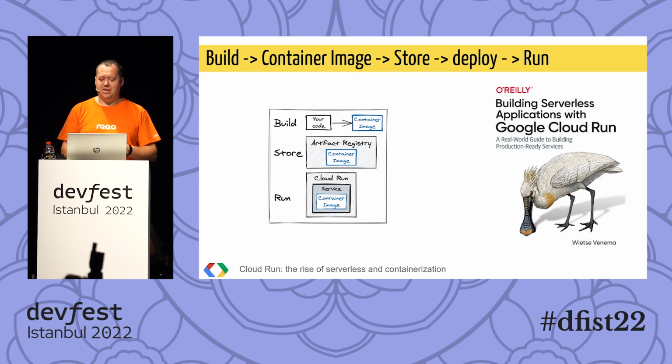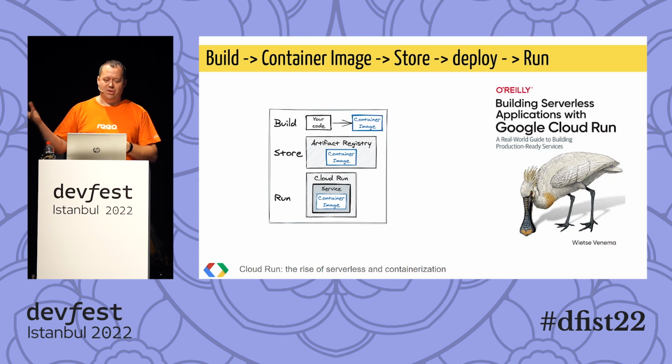What's in the image itself? So essentially, from your code, it becomes a container image. The container image is stored somewhere. I would say to the novice people that it's not on Dropbox, it's not on a different system. It's called Artifact Registry, but you don't need to enable it. It will automatically enable in the background for you.